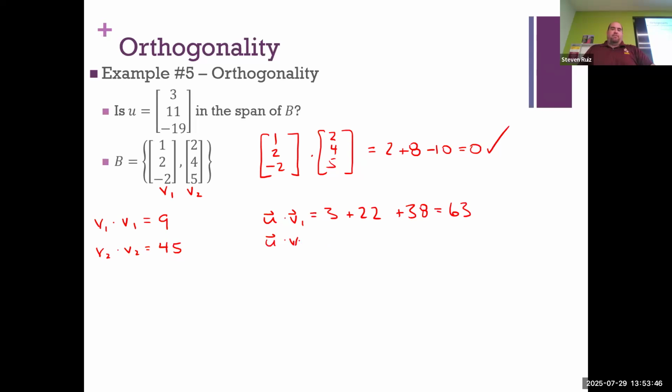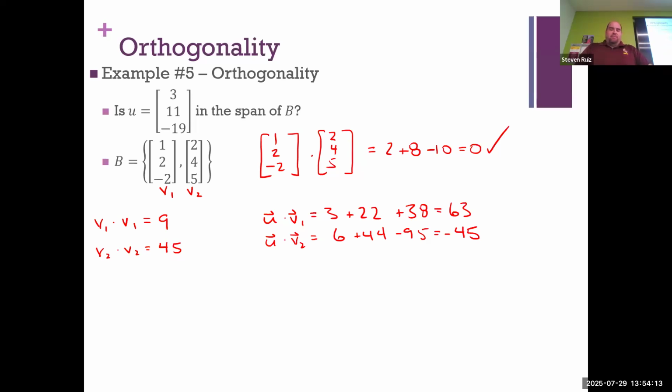And then U dot V2. 6 plus 44 minus 95. All right, so I got all 4 dot products that we would need.